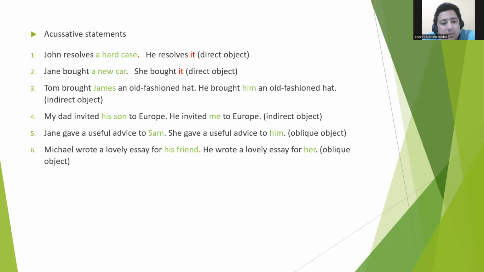We really need to understand that government statement. Jane gave useful advice. Who was the person who was given the advice? I need to use for this reason a preposition and name the person who received the favor, in this case the advice. Basically, that is what I understand about government.